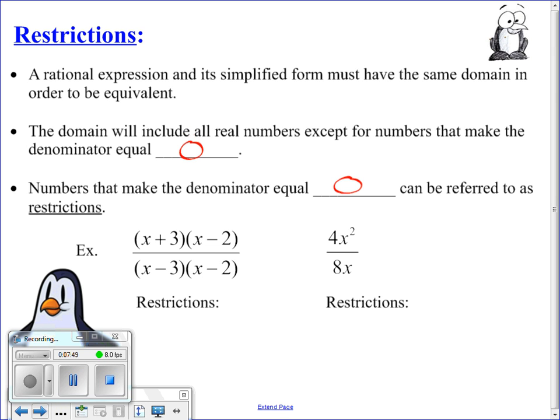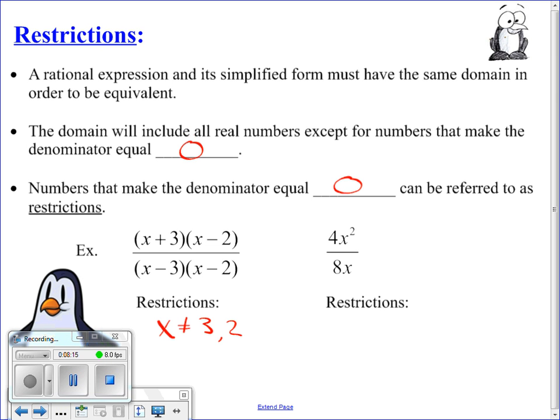The denominator is where I can't have a 0. Can I have a 0 on top? Yeah, 0 divided by anything is just 0. So that's okay. But on the bottom, I cannot have a 0. If I set each of these equal to 0 and solve, which you have done countless times in the last chapter, what does x equal here? 3 and 2. In other words, those are my restrictions.